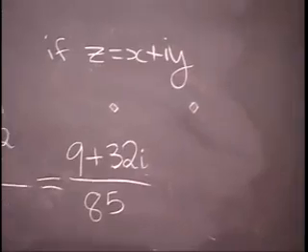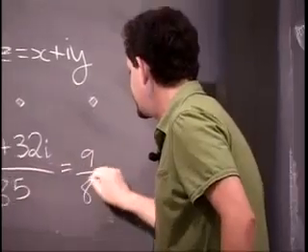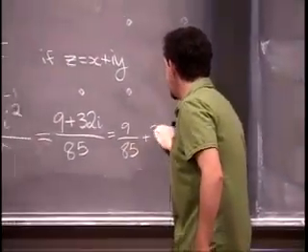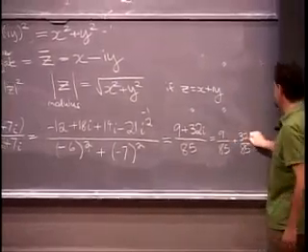It doesn't quite look like it's x plus iy, but of course you can split it up into 9 85ths plus 32 85ths i. And now it is in x plus iy form.